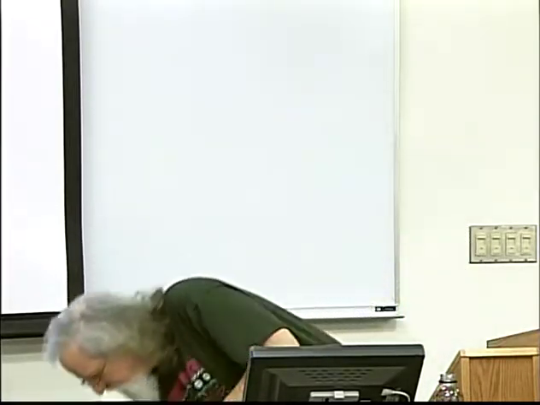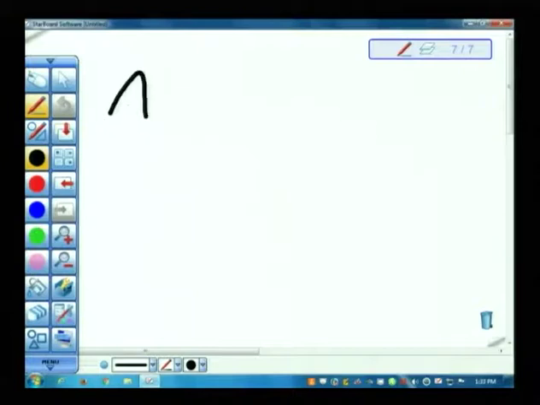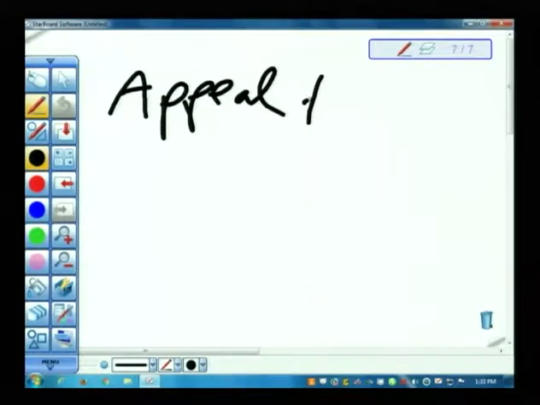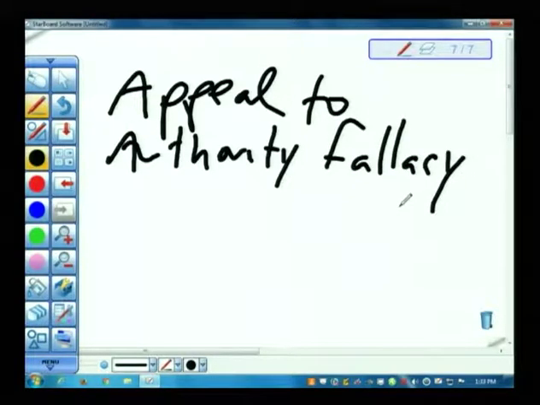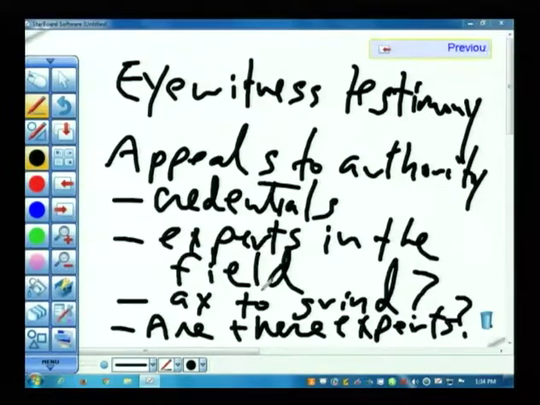Okay, so there are some guides on looking for appeal to authority. There's a fallacy called appeal to authority. That's appealing to authority that's illegitimate, where the authority isn't relevant, just doing the opposite of all these things we said you should do.